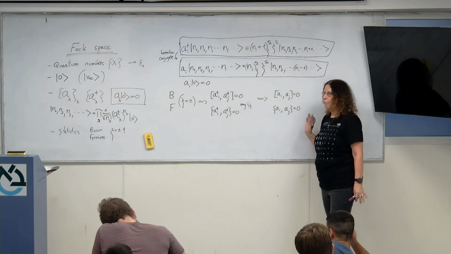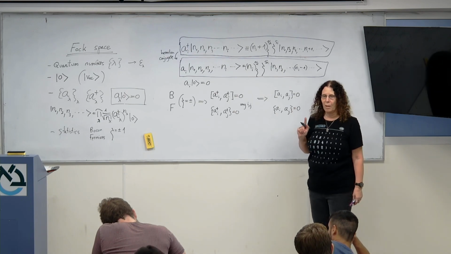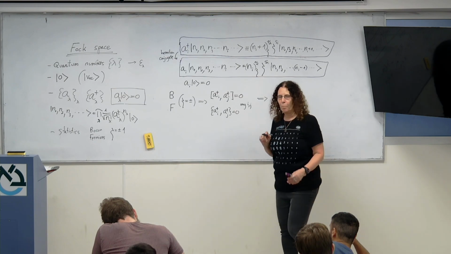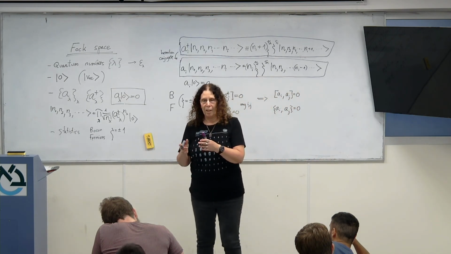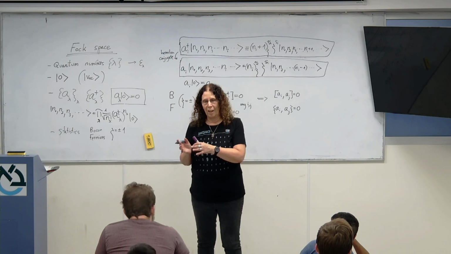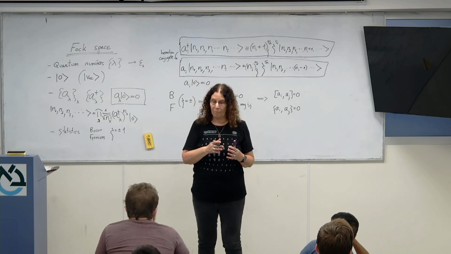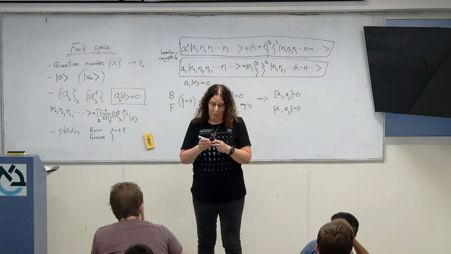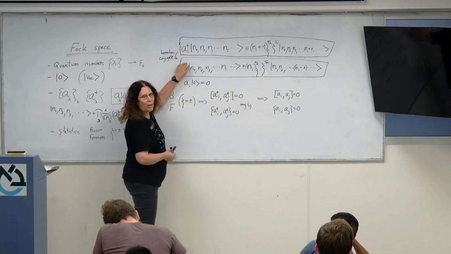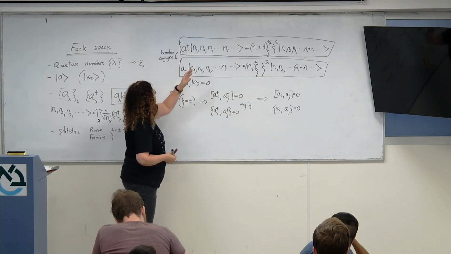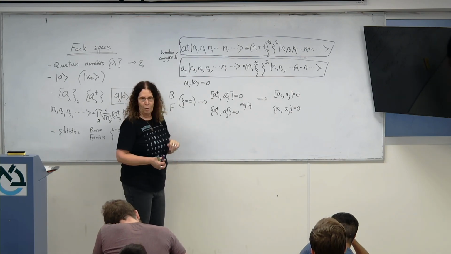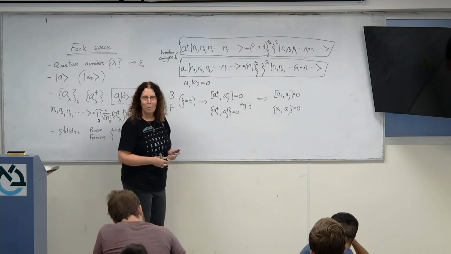What I'm still missing is one piece of the puzzle, and that will complete the algebra. What happens if I apply A dagger and then A, or I apply first A and then A dagger? To do this, you need to take these two equations and just do the algebra. And you'll do it in your homework as well, I hope.